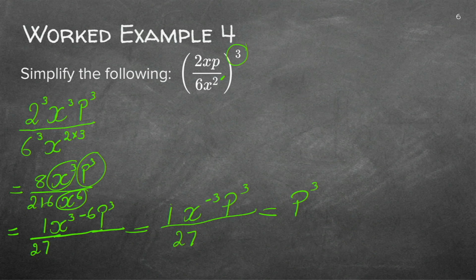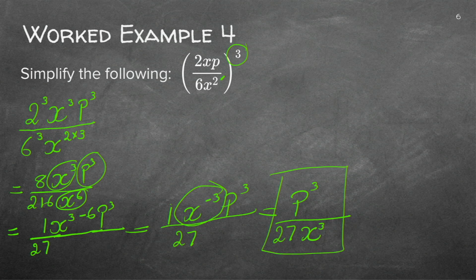So p to the power of 3 will be divided by 27. Now because you have a negative exponent, we try to make it positive by making it now a denominator. Okay, from numerator to denominator, it changes the sign. So now you have your answer as p to the power of 3 over 27x to the power of 3.